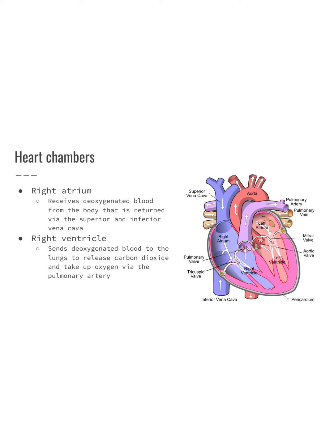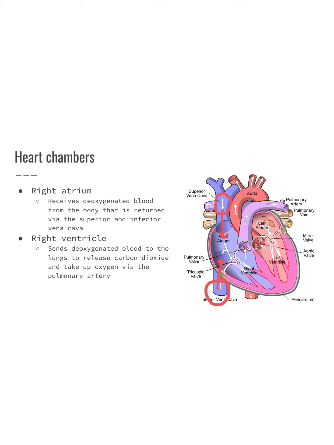Superior is this right here, and inferior is down here. So we've got blood coming in at the superior vena cava and the inferior vena cava. Both of those are flowing into the right atrium.